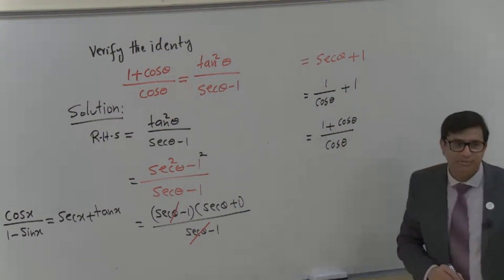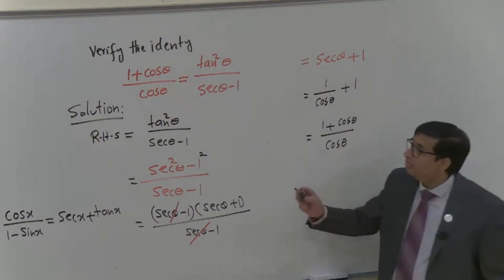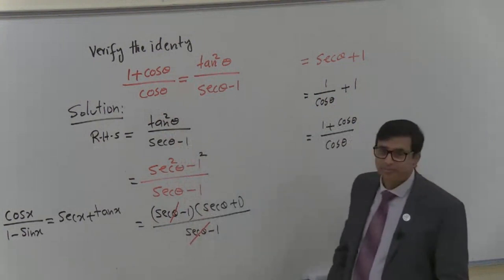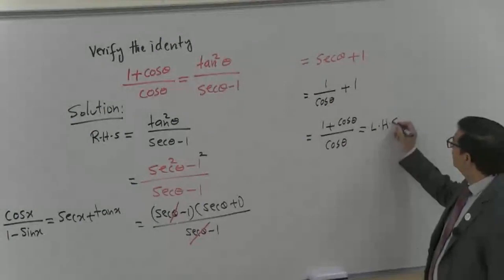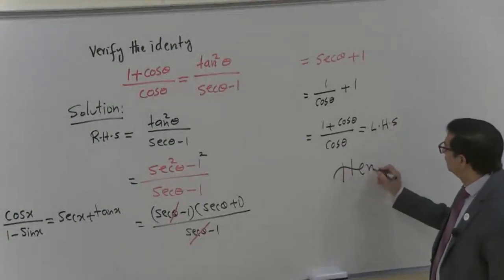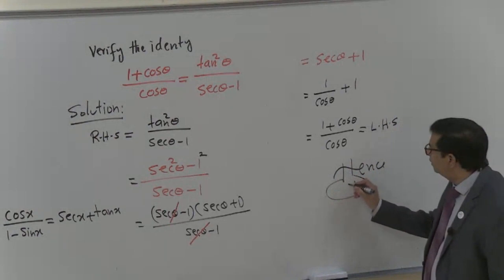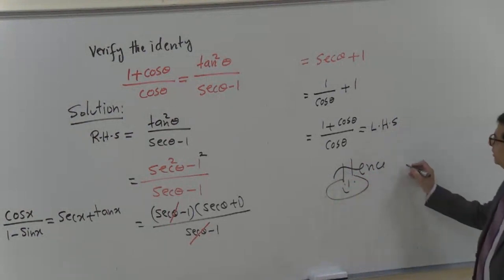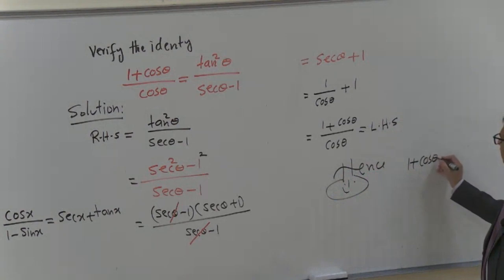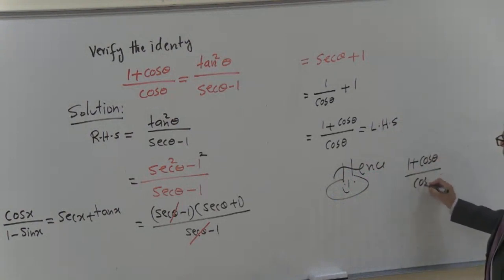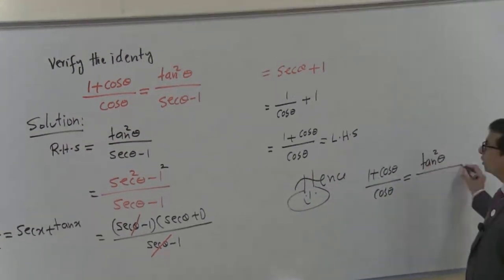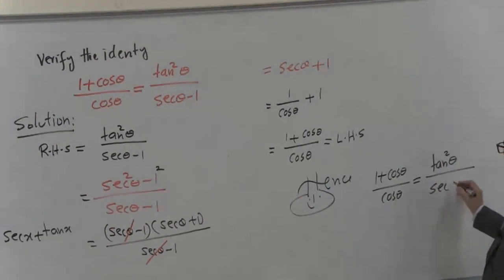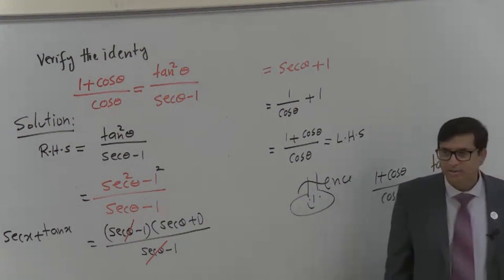Oh yes, this is what we are looking for. Left hand side is 1 plus cosine theta over cosine theta. Hence, always be happy at the end when you find your results. So 1 plus cosine theta over cosine theta equals tangent squared theta over secant theta minus 1. Any question?